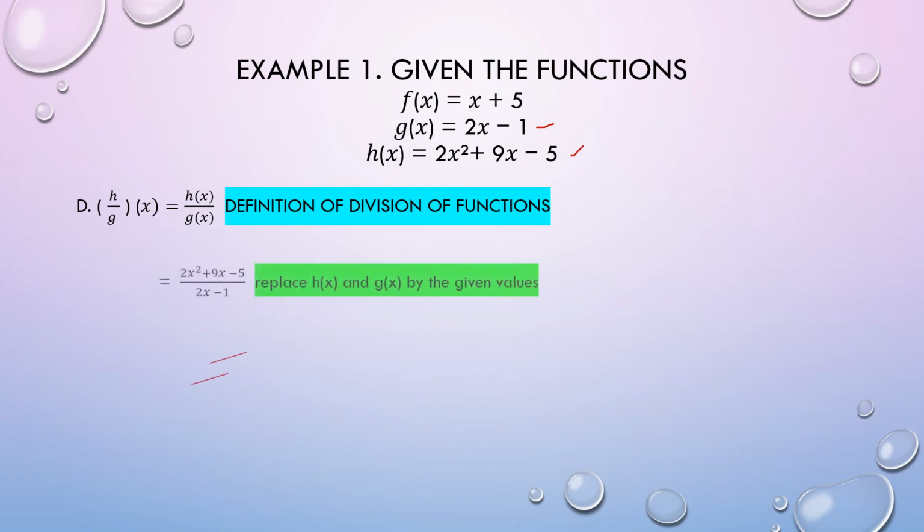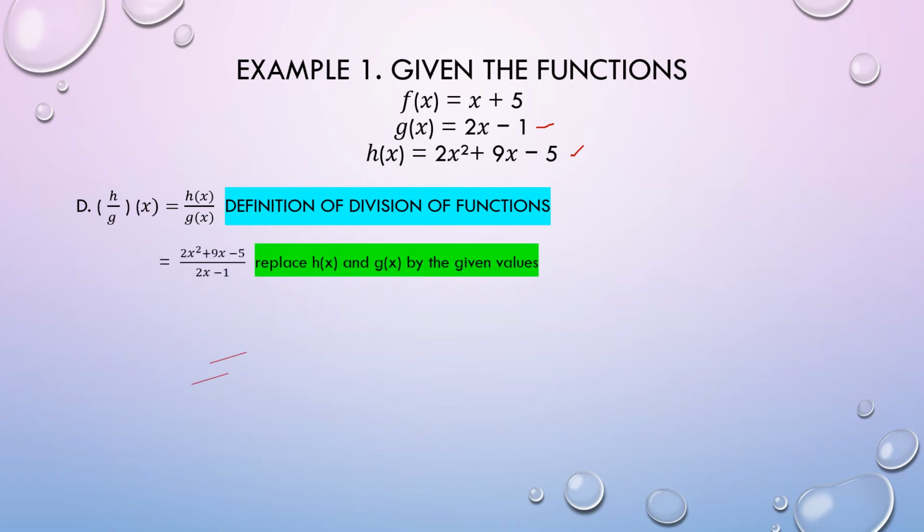Okay, so we will replace them. Replace h of x and g of x by the given values. So we have now here 2x squared plus 9x minus 5. We just copied the function h. And then over or divided by g of x. Our g of x is equal to 2x minus 1.